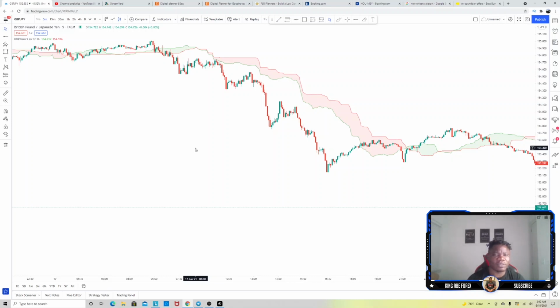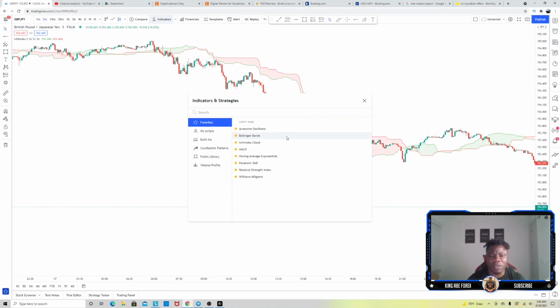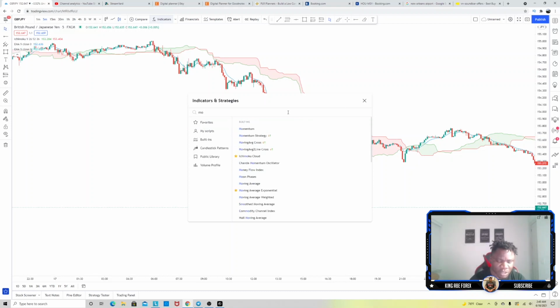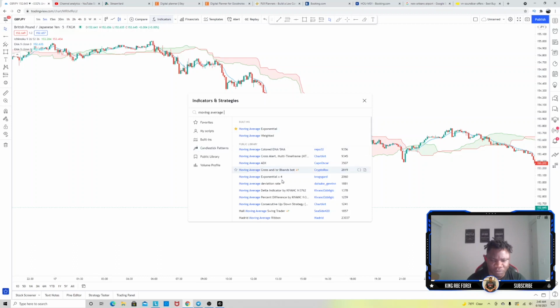Now we need 2 more indicators, and we're going to be using the EMA, the moving average exponential. You just search for moving average exponential, you'll see it pop up, and you click on it.